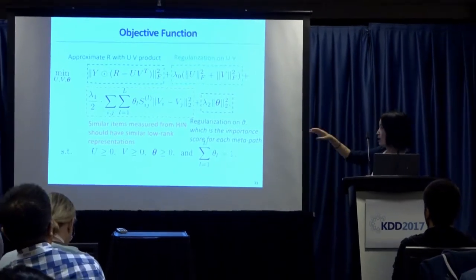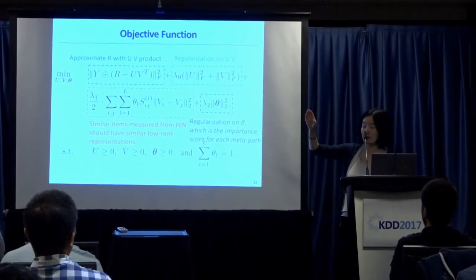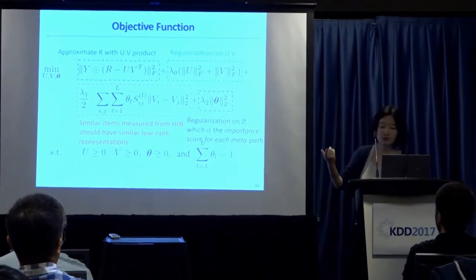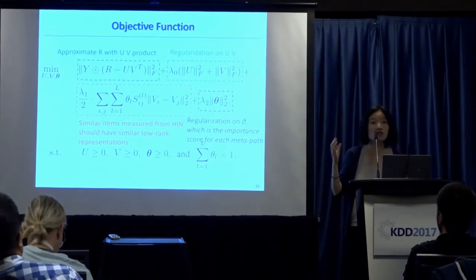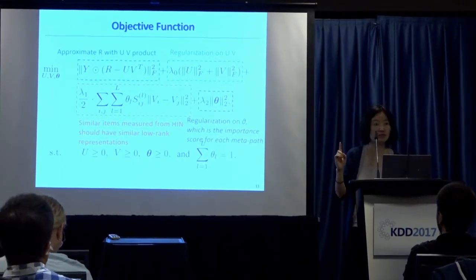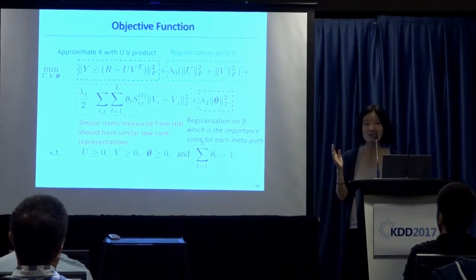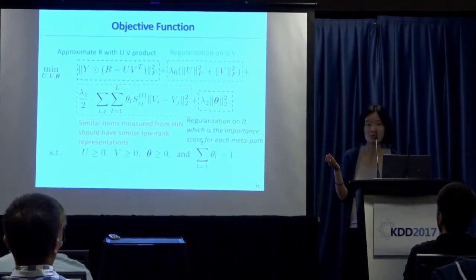In the second part, in the previous work, people just combined with one graph regularization, right? But now we have so many different movie similarity matrices.